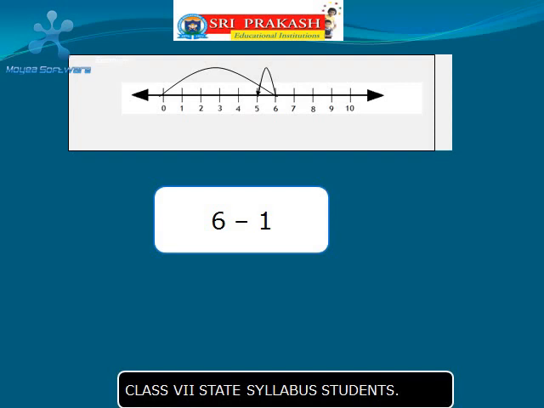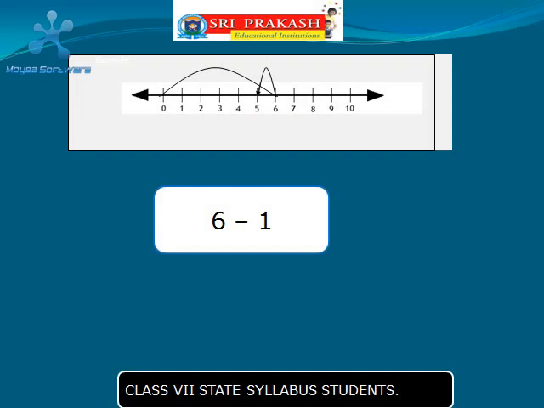Let us find the value of 6 minus 1 with the help of a number line. Our first number is 6. So from 0, we should move towards right hand side by 6 spaces or 6 units. 1, 2, 3, 4, 5 and 6.